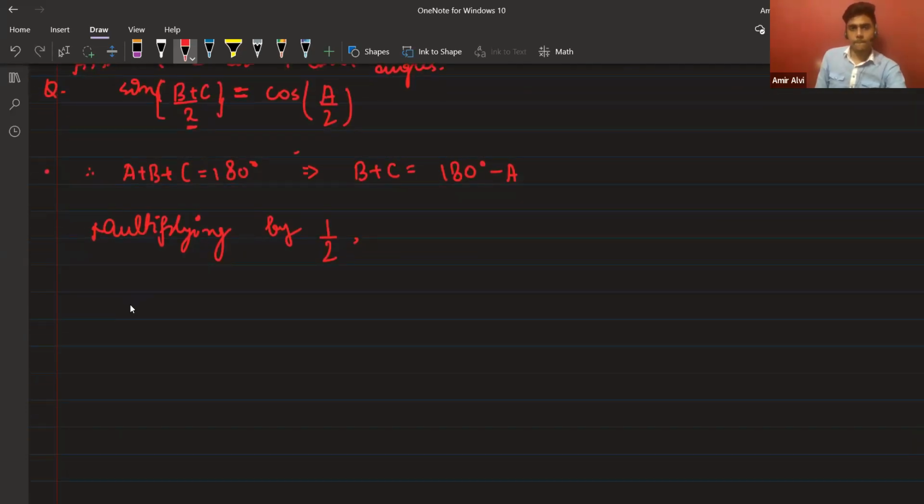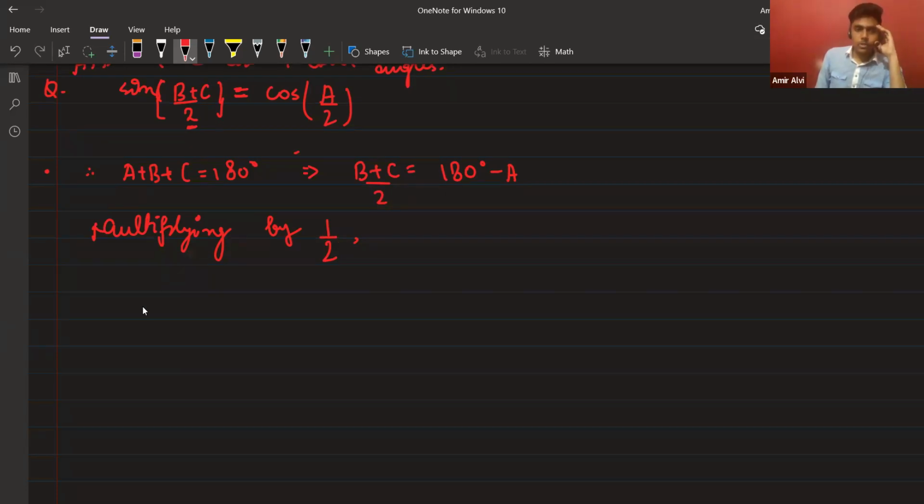No, sir. Why do we need to multiply by 1 by 2? Because we need 2 in the denominator. If we divide directly by 2, it means we are multiplying by 1 by 2. Either we say multiplying by 1 by 2 or we say divide by 2, same thing. Okay, sir.